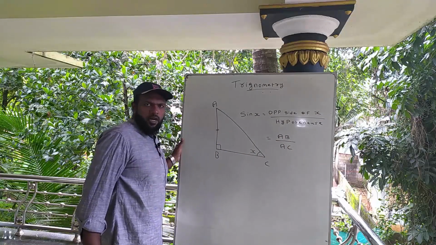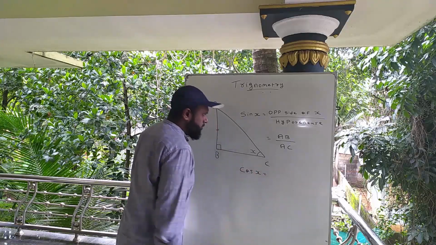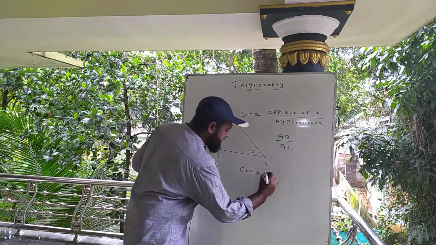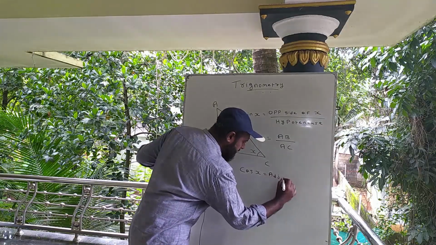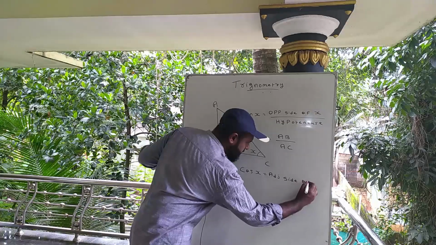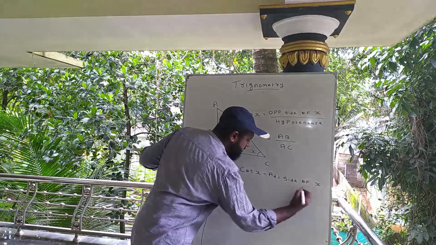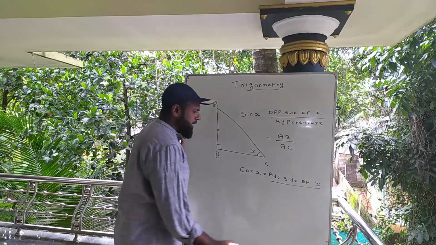Let us learn what is cos X. Cos X equal to adjacent side of X divided by hypotenuse.